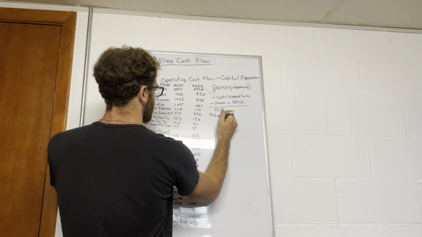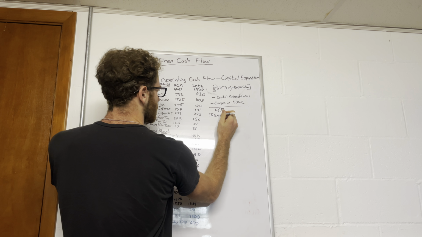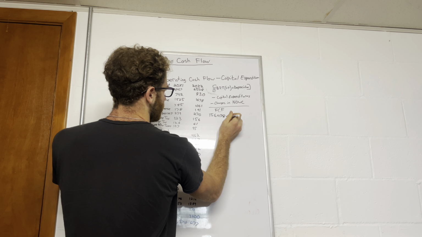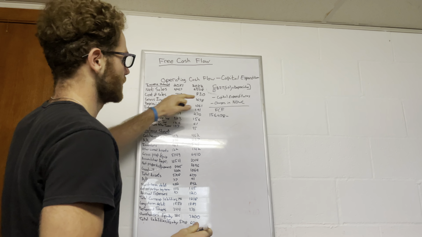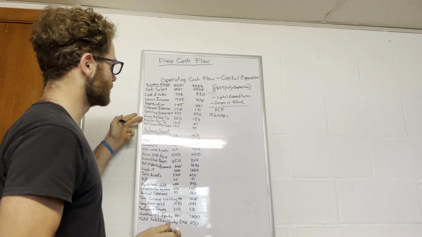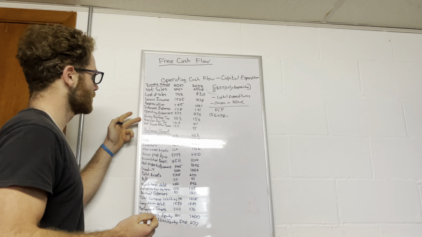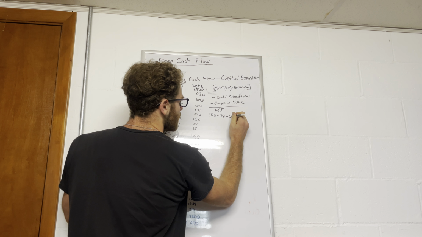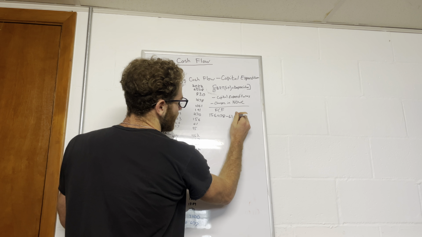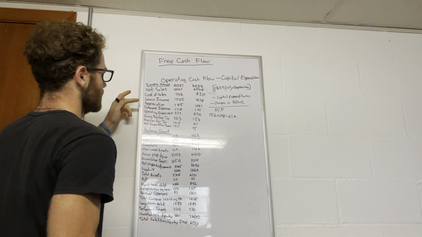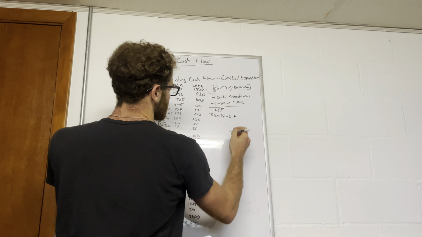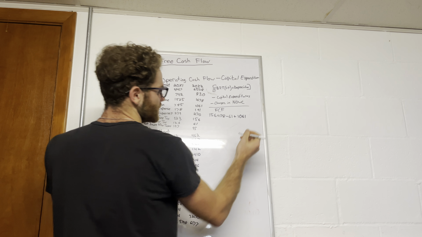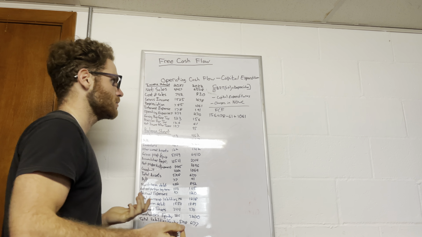Then minus the tax, which instead of having to compute it with a percentage, it gives you the provision for tax of $61. And then add back your depreciation, which is $1,061, because that's money that was spent in the past. It's not actually cash going out.